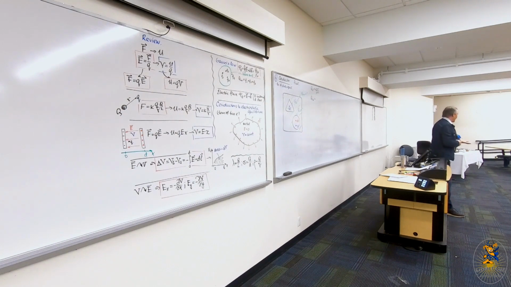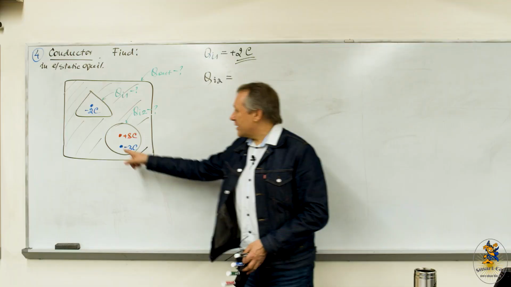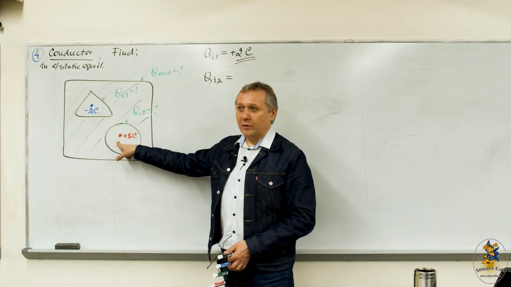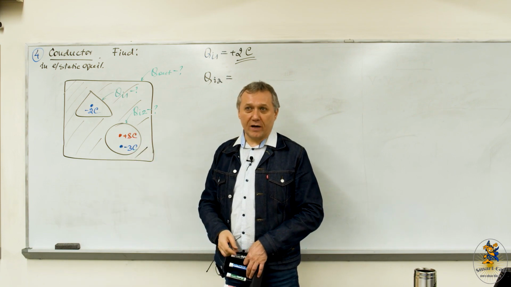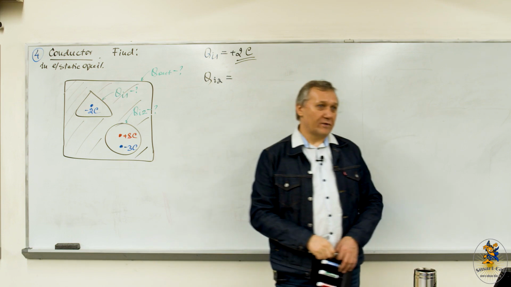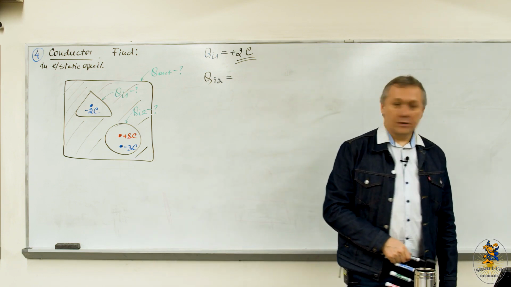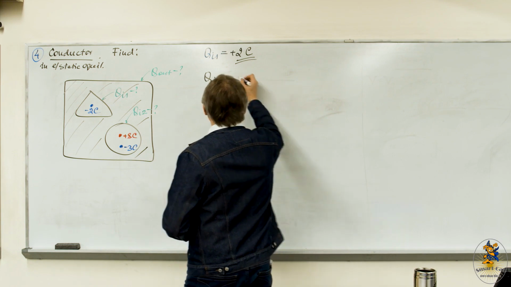Positive charge is going to induce negative charges on the surface. Negative charge is going to induce positive charges on the surface. So there will be some balancing, right? And so we can just find the net charge in the hole. Net charge in the hole, it will be what? Plus 8 minus 3, it will be plus 5. So it means that on the interior surface, there will be minus 5 coulombs of charge. Positive net charge inside, so the interior surface will be negative.